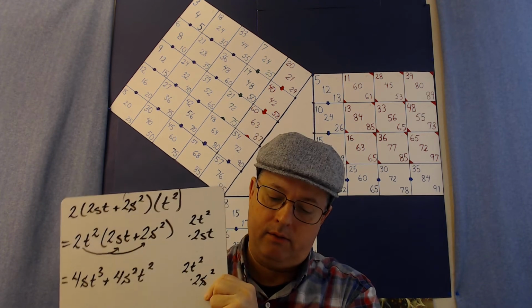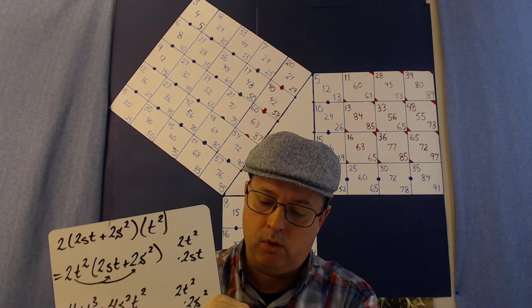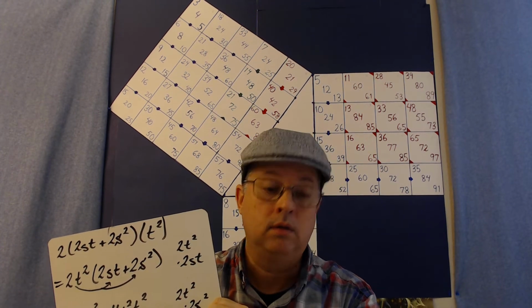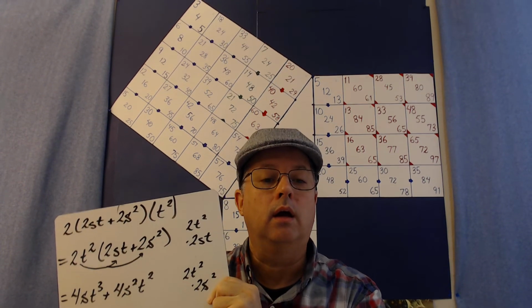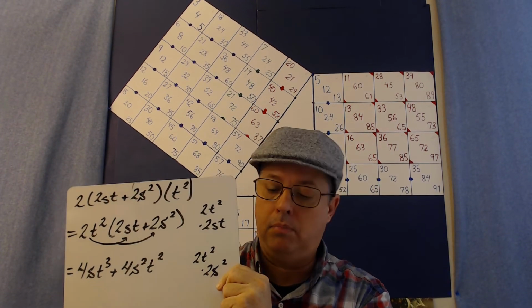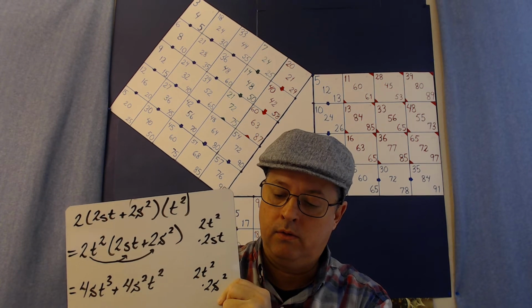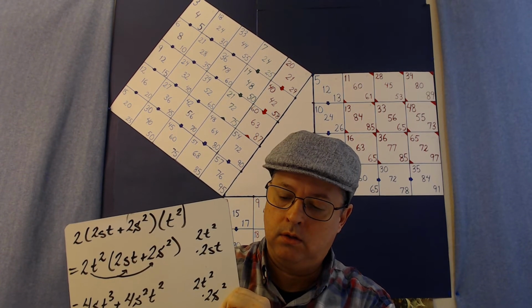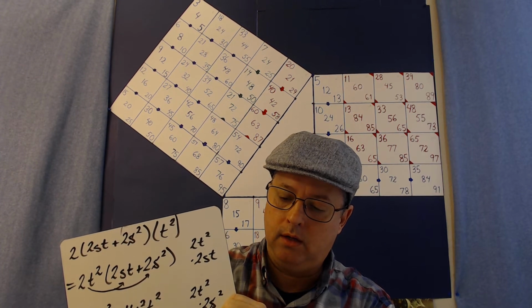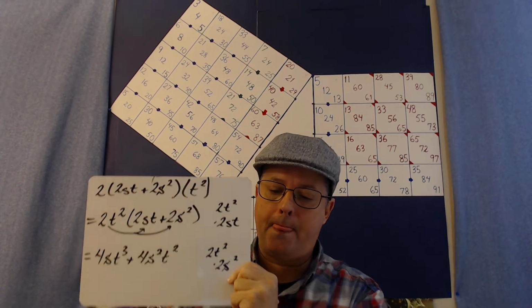Okay, so let's write that down. So we have plus 4s t to the third and plus 4s squared t squared.